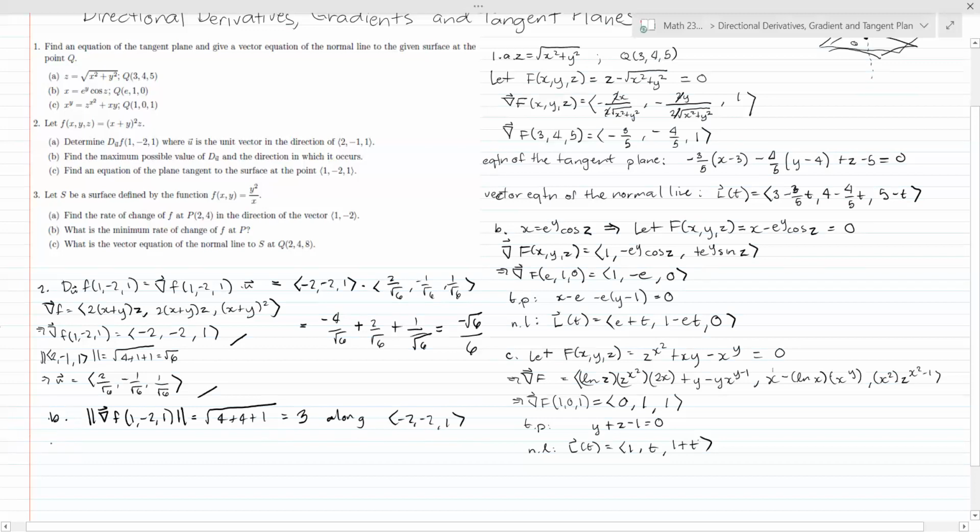Okay, and then C, find an equation of the tangent plane to the surface at the point 1, negative 2, 1. So our surface, the given one, let's say that is equal to 0. So that is our surface.